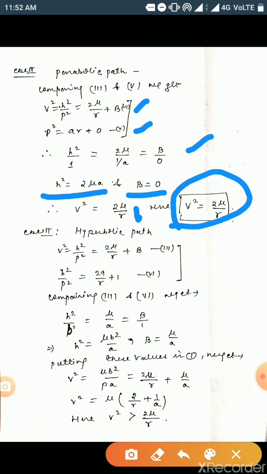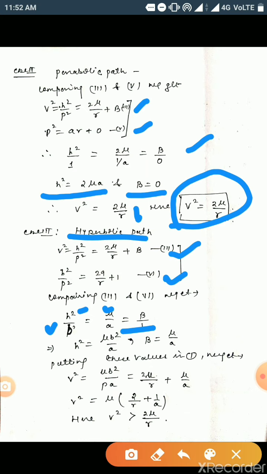Now case 3, the hyperbolic path. Again from 3 and 5 we have v square equals h square by p square equals 2 mu by r plus b, and b square by p square equals 2a by r plus 1. Comparing both these equations, we have h square by b square equals mu by a equals b by 1. From the first two terms we have h square equals mu b square by a, and from the second and last terms we have b equals mu by a.